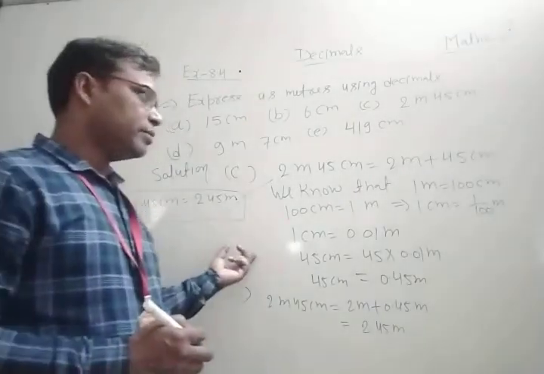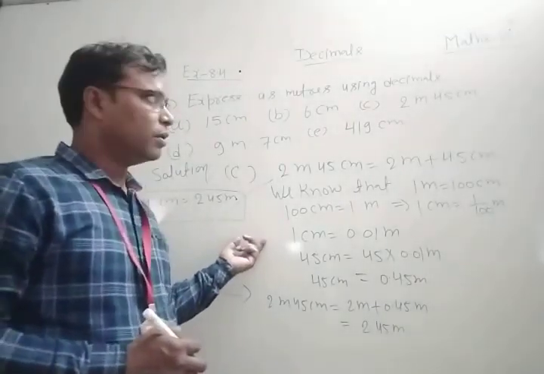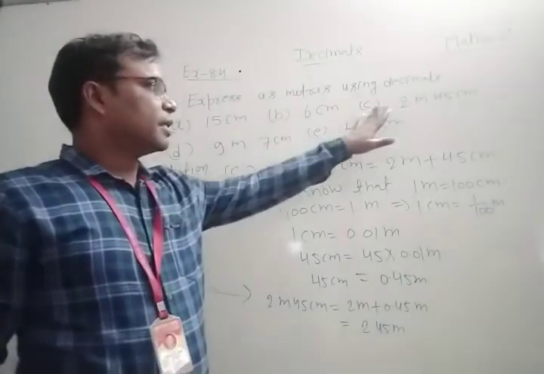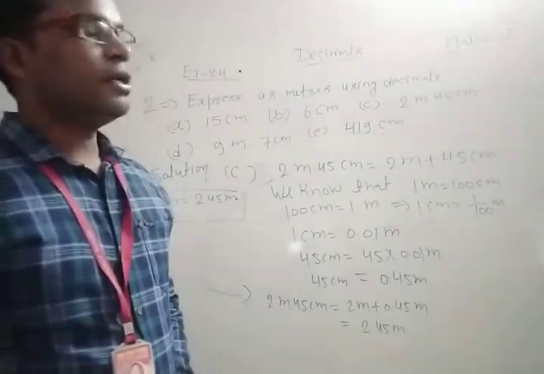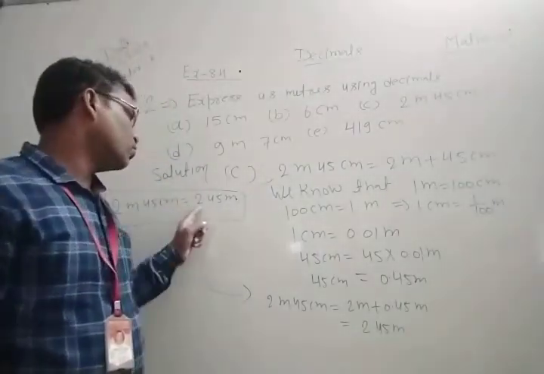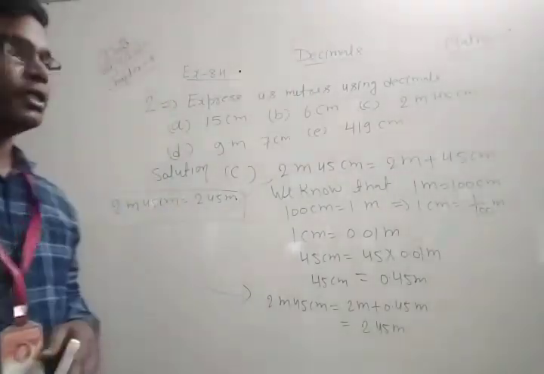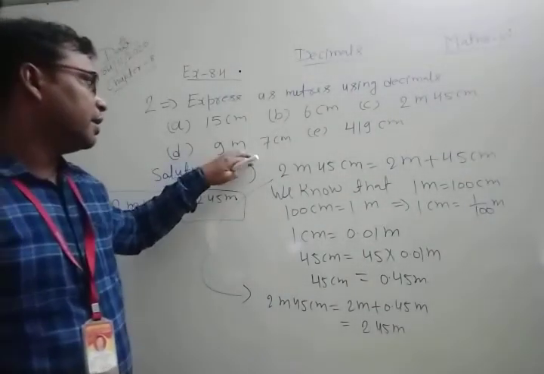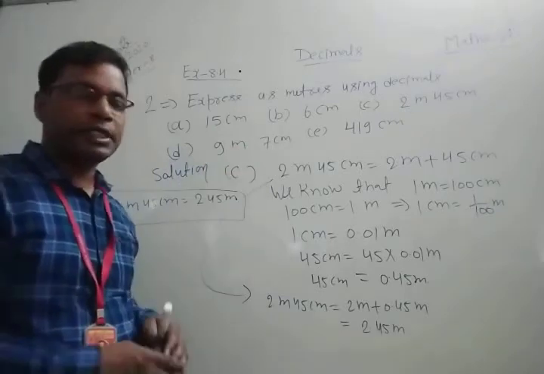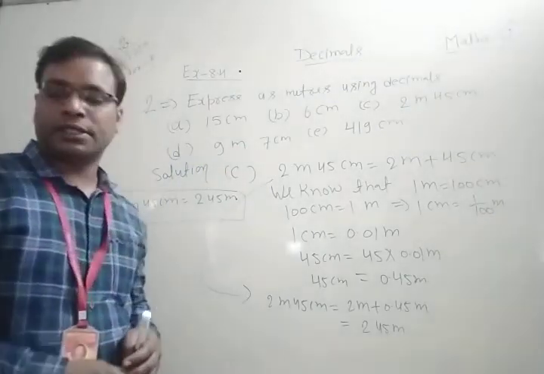Okay. Now, this is the C part of question number 2, that 2 meter 45 centimeter is equal to 2.45 meter. Now we are going to discuss the next part. The next part of this question is 9 meter 7 centimeter.